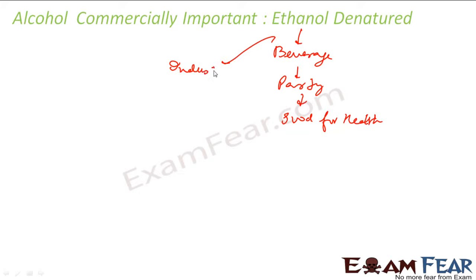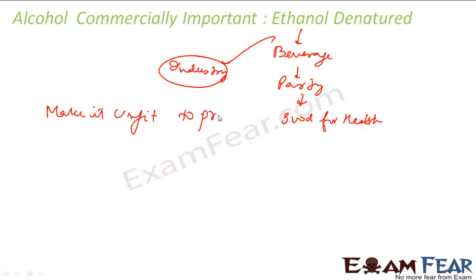So the government can't ban ethanol. But if it is used in industry, people may use it for parties and consume it, and that may impact their health. So what the government does is, whatever ethanol they are giving for industry, they are making it unfit to drink.